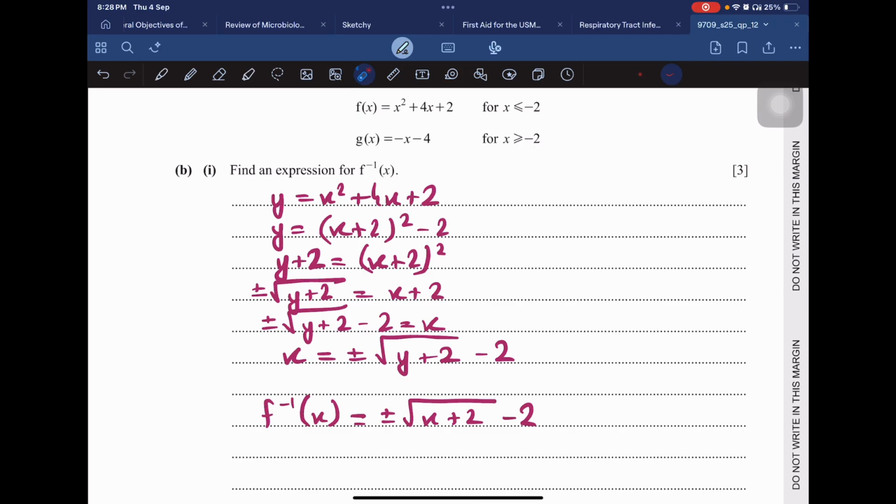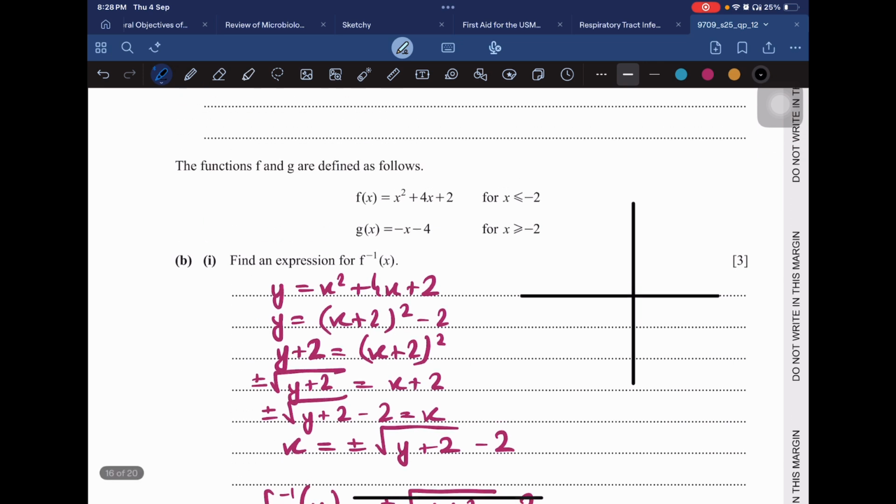So we could do this graphically. Yeah, graphically would be the best method. So let's try to draw a graph for f(x).